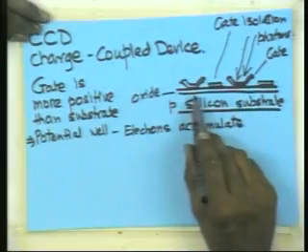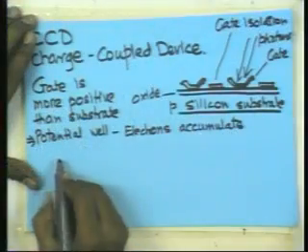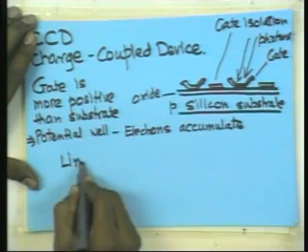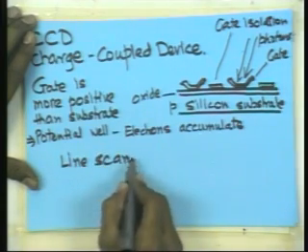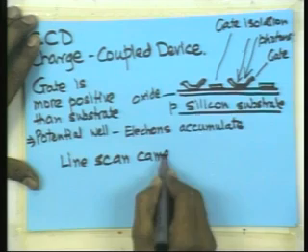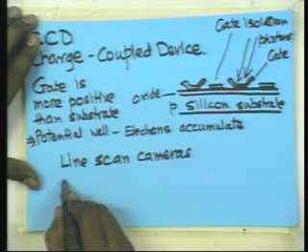So it can be transferred from one side to another by manipulating the voltages of these gates. Once that is done, you can shift it out onto a shift register, and by manipulating the shift register, get a signal out. So with CCD you can have both line scan cameras and area scan cameras.